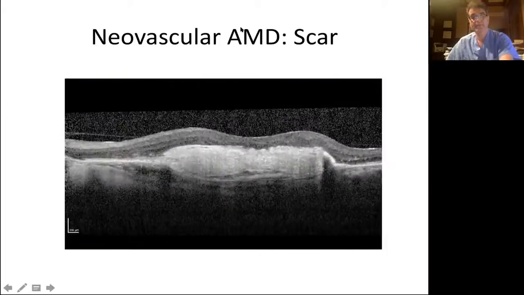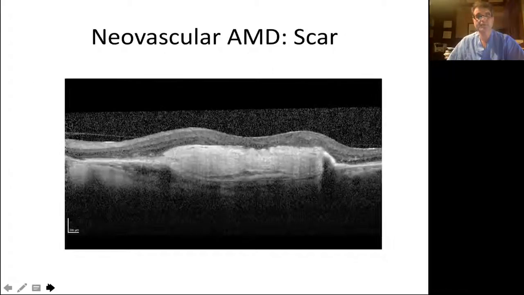Let's see, I do not have, here we go. Okay. On the OCT, we have this highly reflective lesion underlying the retina. This patient would have very profound loss of vision.